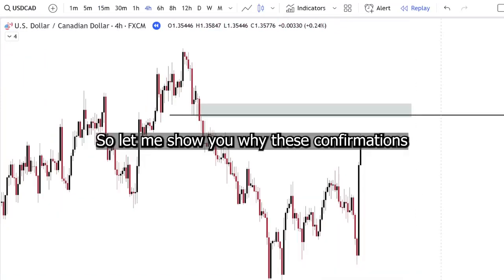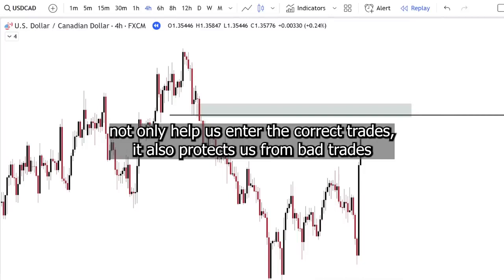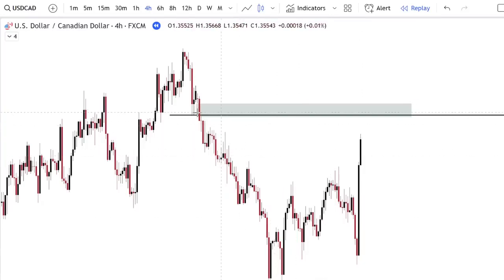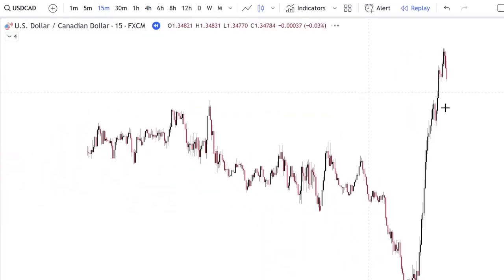So let me show you why these confirmations not only help us enter the correct trades, it also protects us from bad trades. So here we have our overlap fair value gap. Let's go into lower time frames.